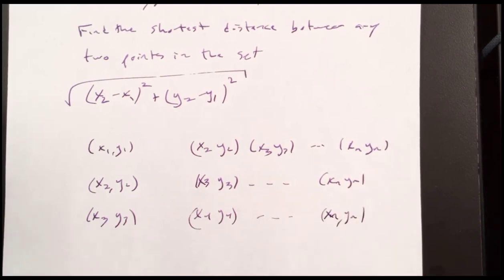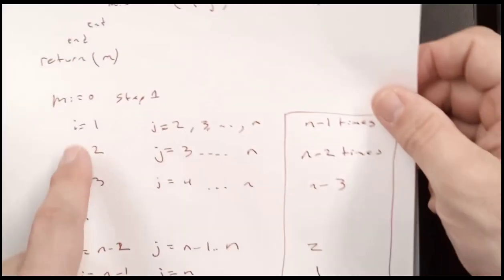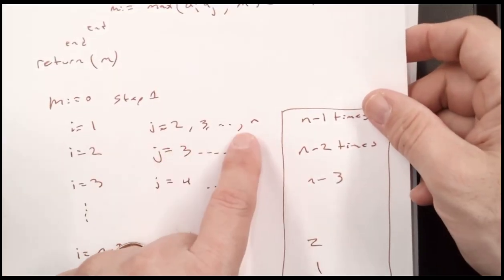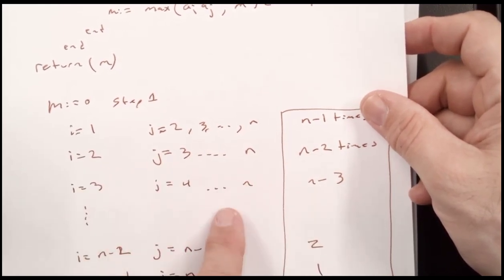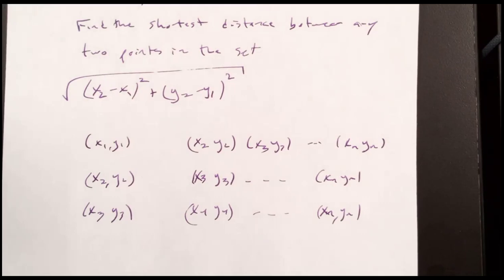Gee, this looks awfully familiar, doesn't it? I start with 1, I go from 2 to the rest. I start with 2, I go from 3 to the rest. I start with 3, I go from 4 to the rest. This is the exact same thing, isn't it? Which means I don't need to go any further.